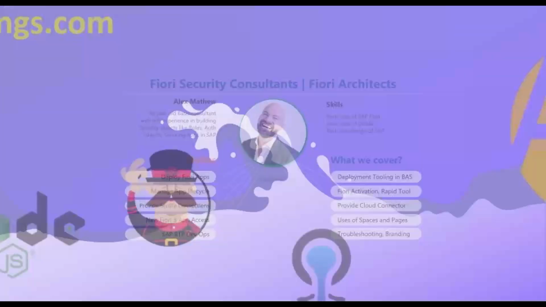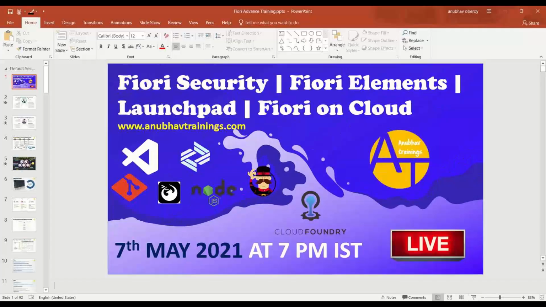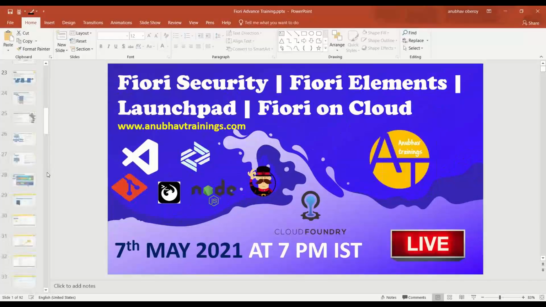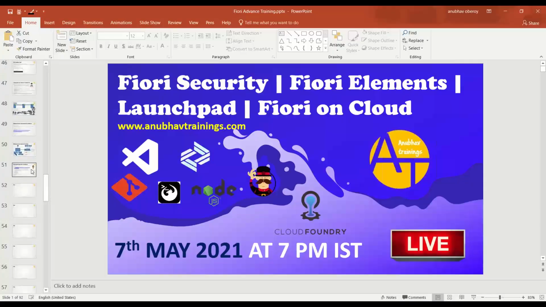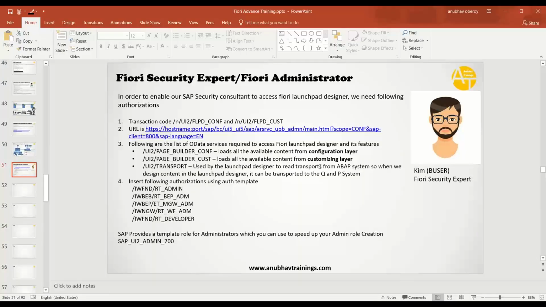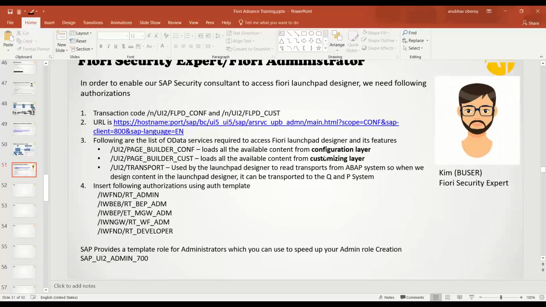In our last session, we talked about creating our role for the administrator, the Fiori security administrator, whose username is B user. This person is responsible for creating all the Fiori content, for the custom as well as activating standard Fiori apps in your company.